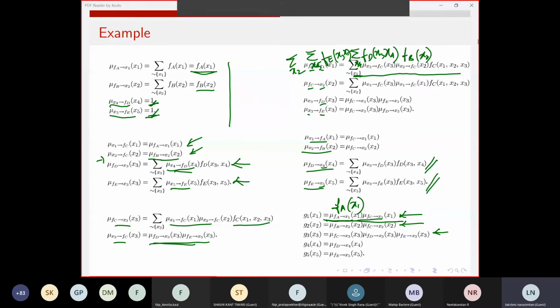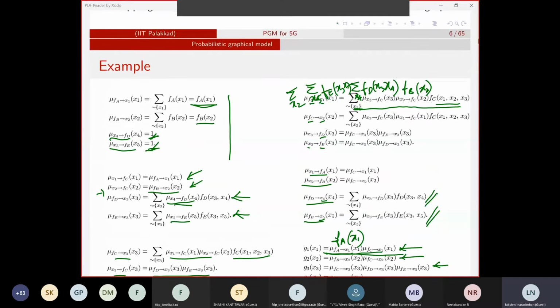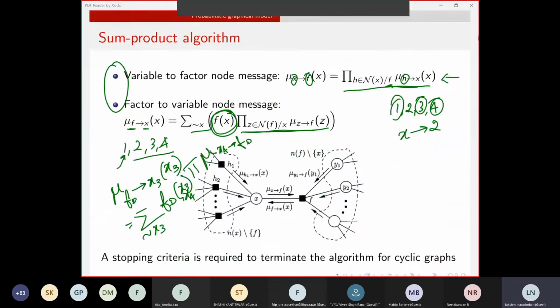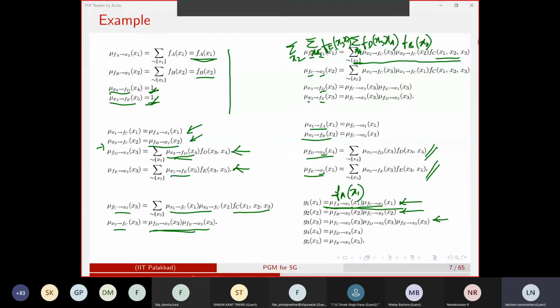So substitute this here, along with this fc of x1, x2, x3. Then what we get is fa of x1 times summation fb of x2, summation, in this case it is all other than x3, so x3, which is fc of x1, x2, x3, and summation x5 is x3, x5, and summation x4 fd of x3 and x4.